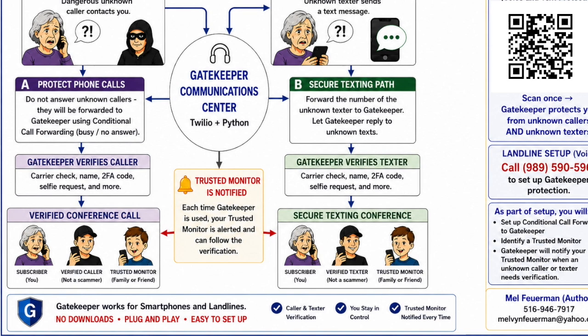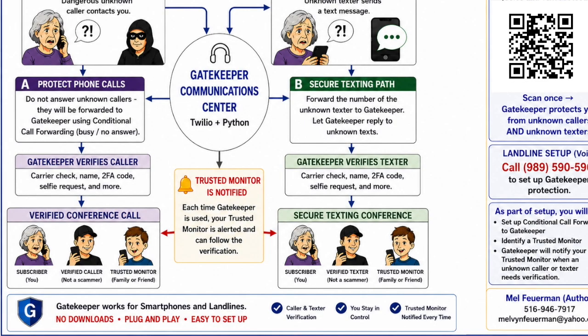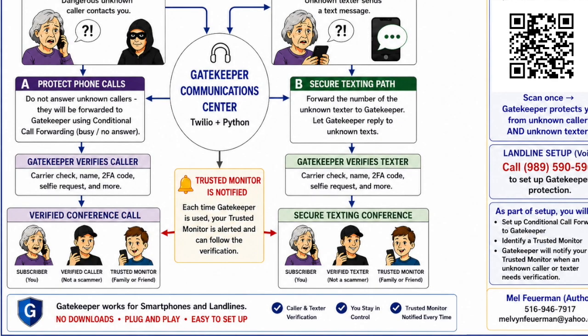And at the very end, when the unknown caller, unknown texter is verified, they can have a conversation, and the trusted monitor still sees all the messages going back and forth between the old lady and the formerly unknown texter. Now he's known.